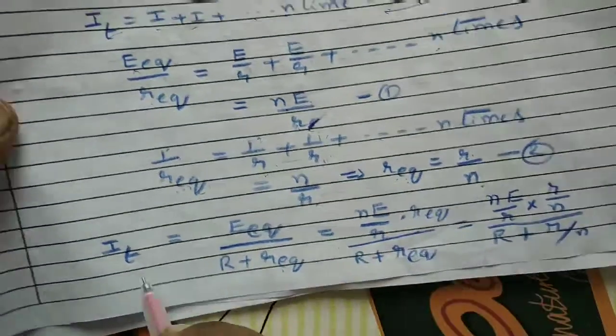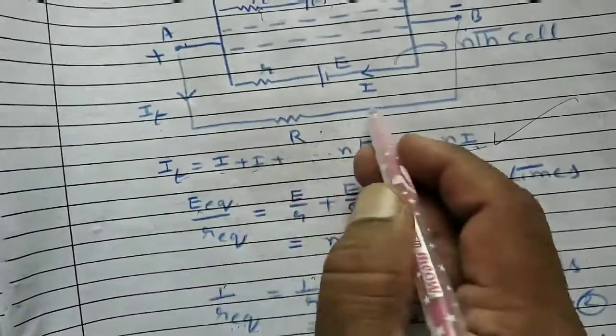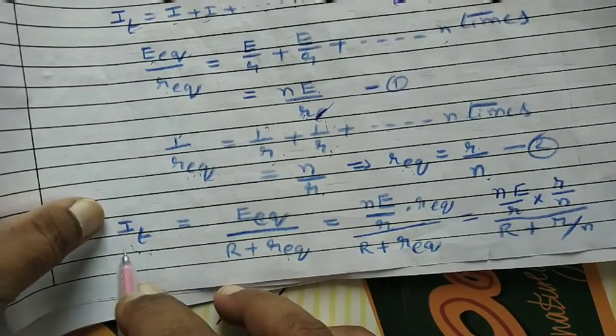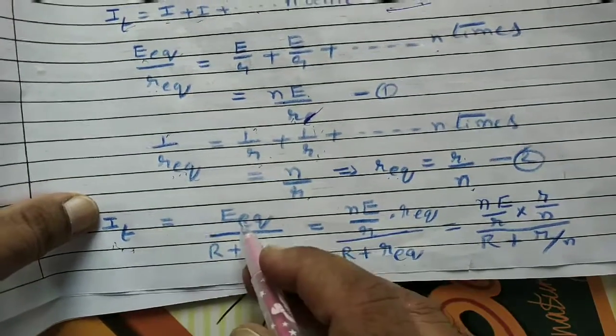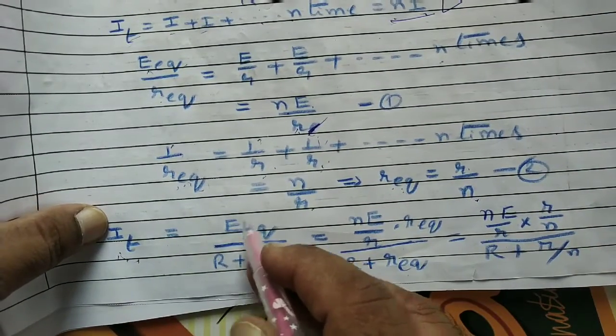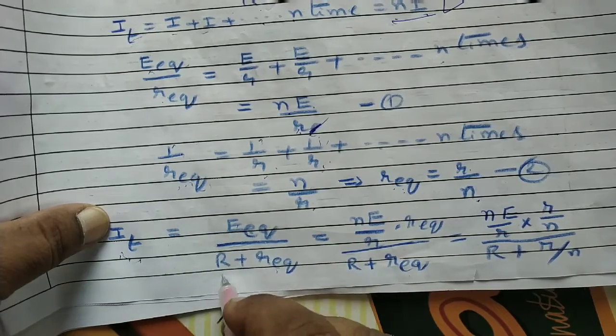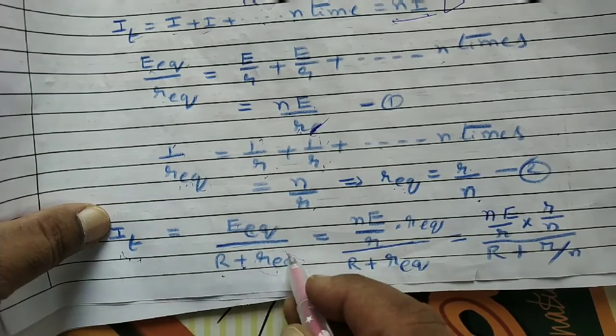And now if you want to get the total current passing through the external resistor, the total current I is equal to the total effective EMF of the combination, E equivalent, divided by external resistor plus effective internal resistance.